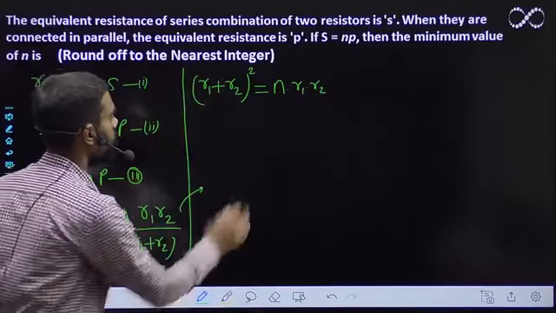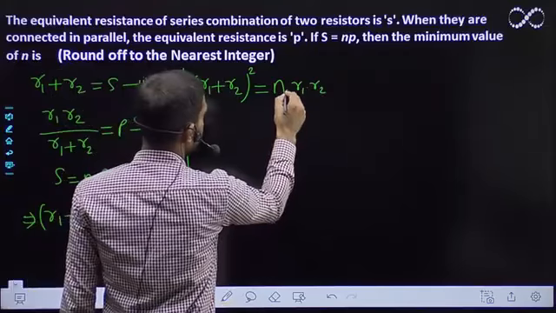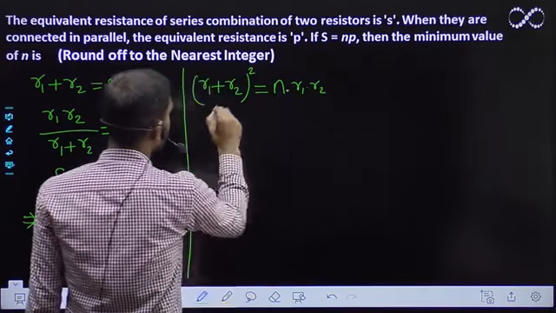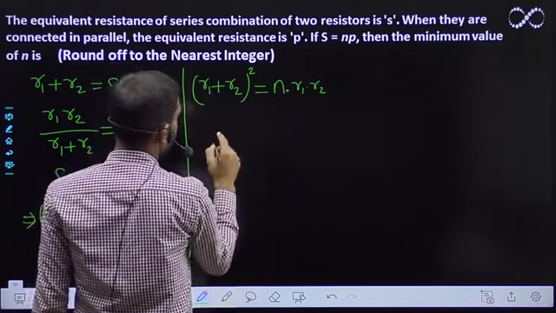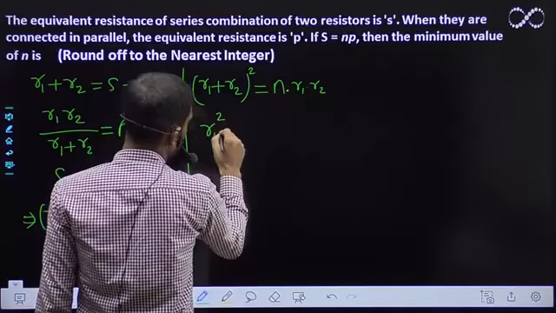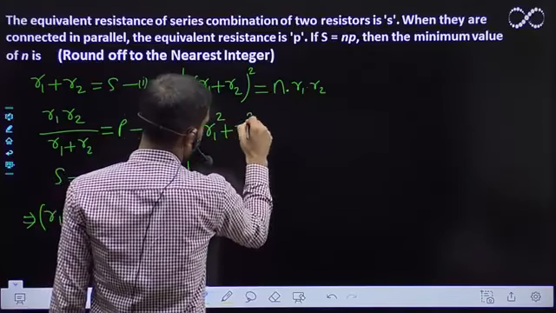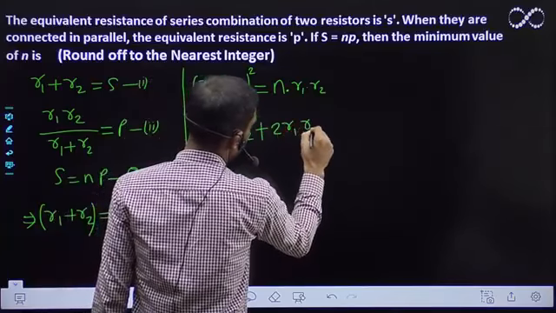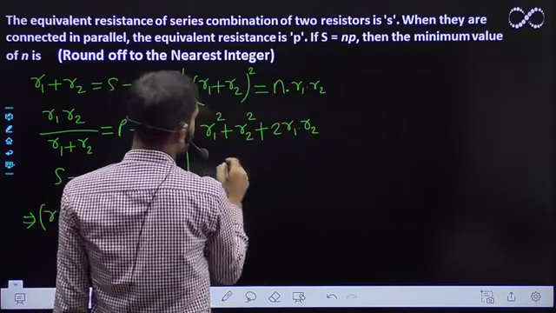Now I can expand this. So this will become R1 square plus R2 square plus 2R1 R2 divided by this.